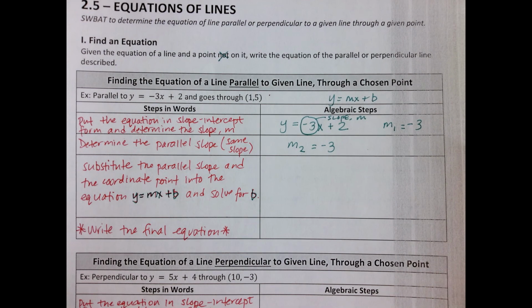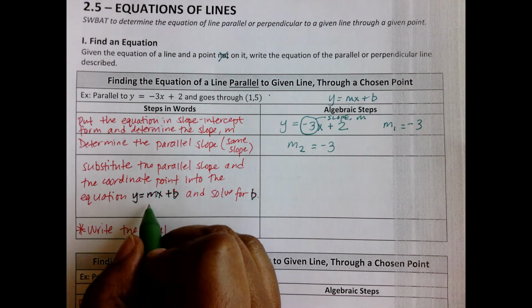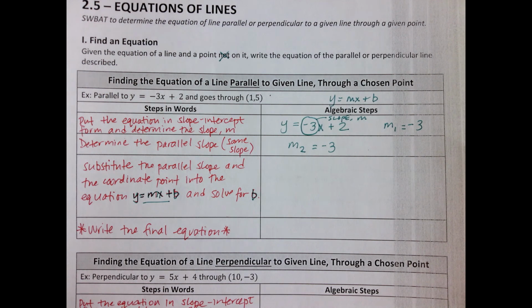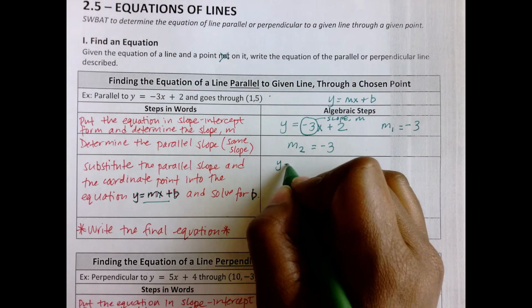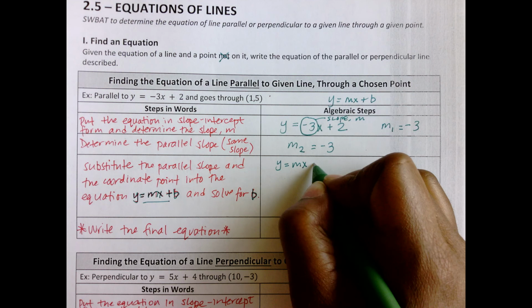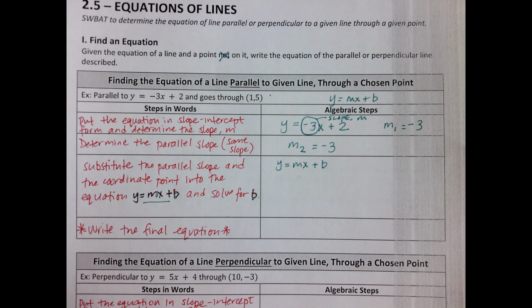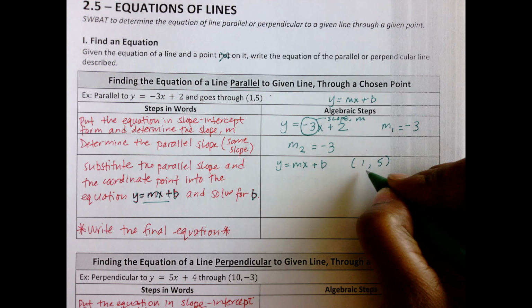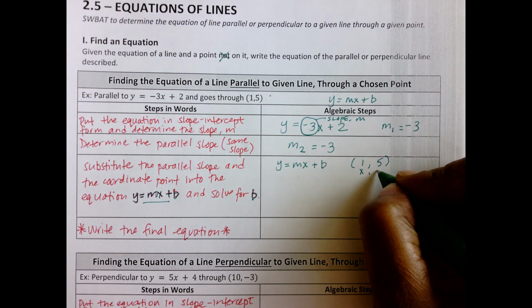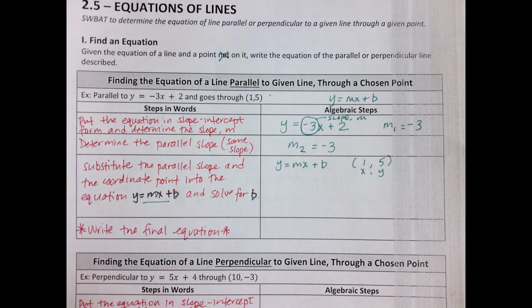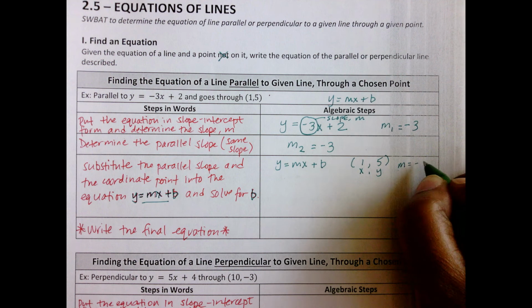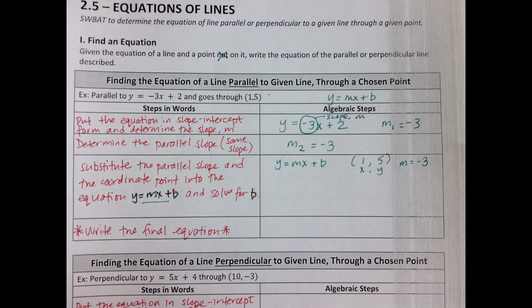Now I'm going to substitute the parallel slope and the coordinate point into the equation and solve for b. What does that look like? Our equation has to be in this format. We are given the coordinates (1, 5), 1 being x, y being 5, and we know that our slope is negative 3. So I'll plug in that information.